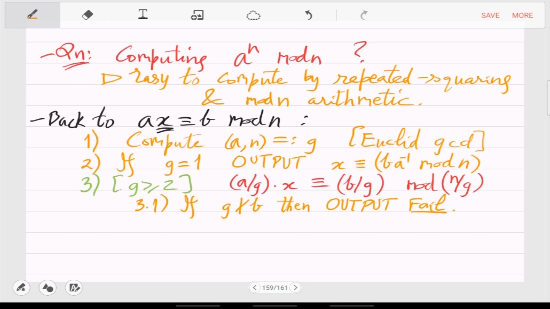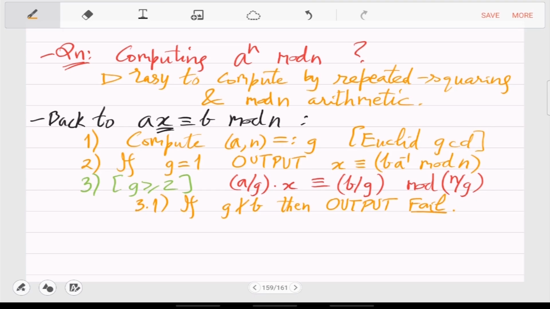How do you prove that there is no solution in this case? Yeah, I mean, you just look at the definition of congruence. So Ax is equal to B plus kn, right? So G divides N, G divides A, so G is forced to divide B. If G doesn't divide B, then it means that it's a failure case. There is no solution.